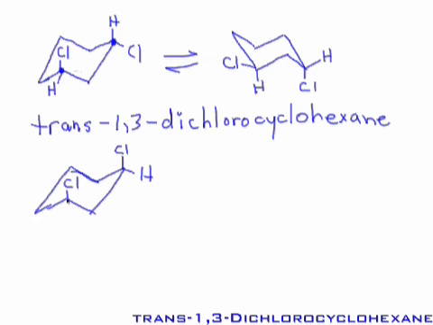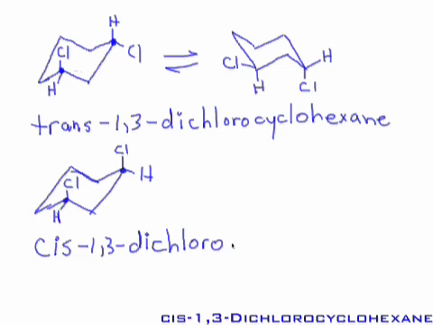And if I change only one carbon's substituents, I should have the new geometric isomer. And it stands out pretty clearly here. Both chlorines are up, both are above the ring, on the same side of the ring. This must be cis-1,3-dichlorocyclohexane.